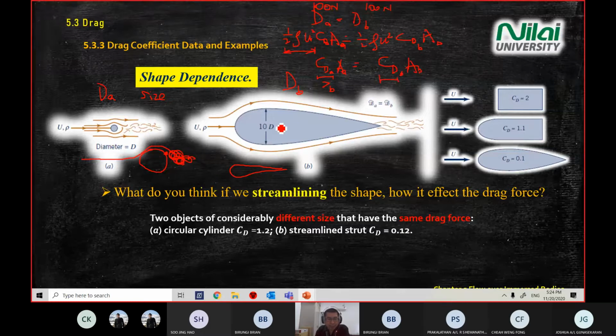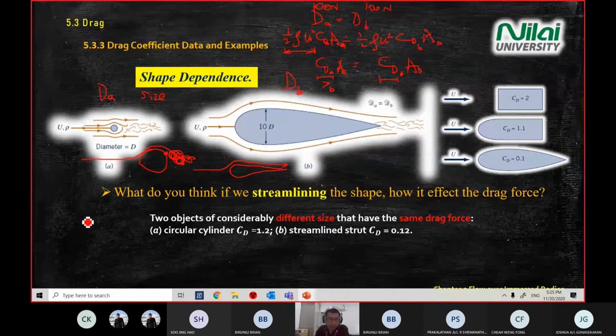So rather than this object, if you imagine you are the flow particles or air particles, you go up and then follow the streamlined body. So if you compare both, then your CD will change. So this is more on the shape, right? Yeah, more on the shape. This is maybe a bit extreme to compare both.